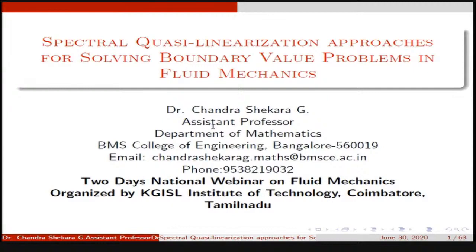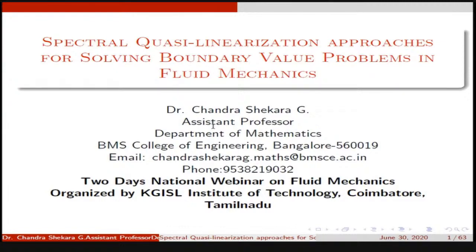He has received the Best Mathematical Model Award in a graduate modeling camp from Oxford University, UK. He has also visited Oxford University and Cardiff University, UK, and the Korean Institute of Science and Technology, Republic of Korea.